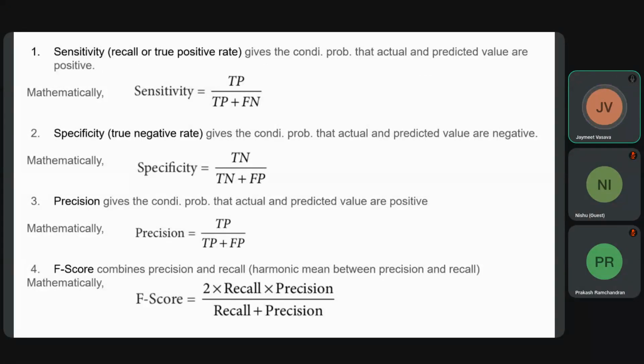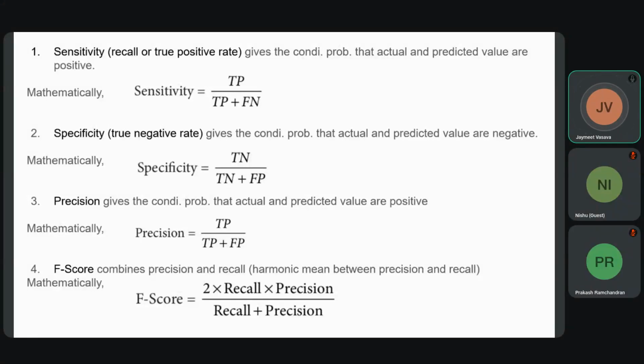So sensitivity, or recall, or true positive rate, mathematically can be represented as true positive divided by true positive plus false negatives. So it takes into consideration all the positive values, giving the conditional probability that actual and predicted values are positive.